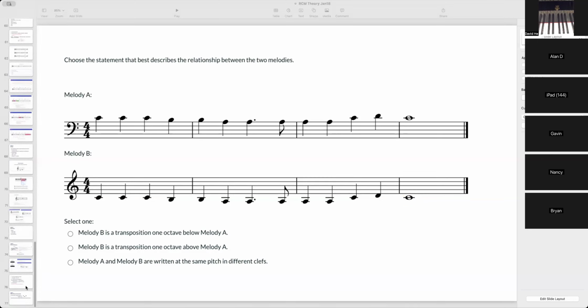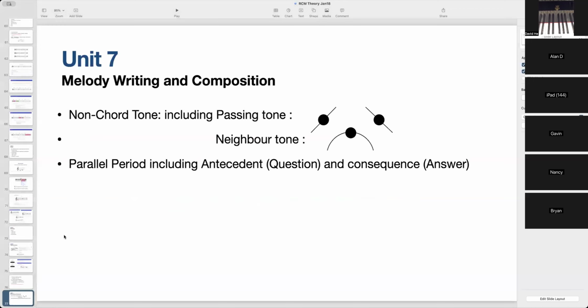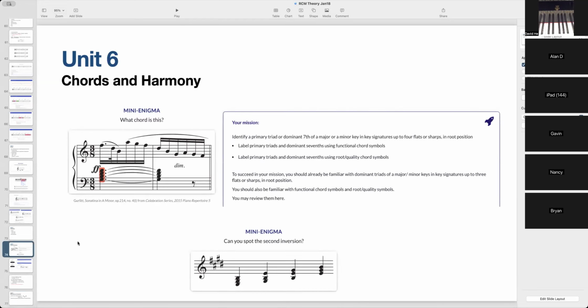So basically, that's everything we have learned. Melody writing and composition is a very broad way of understanding music. You need to compose one piece of music by yourself and think about how you could write down the melody, and how you could combine the harmony or the chord patterns into this melody writing.